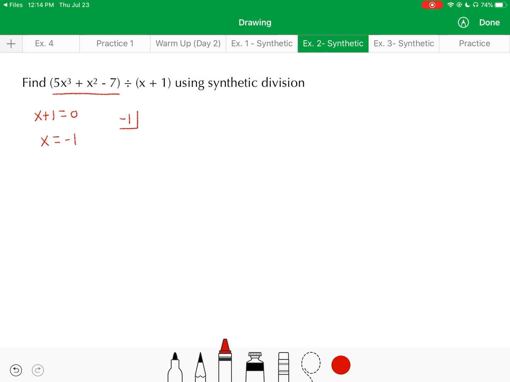You see how we're missing a linear term where the power on x is 1 in between x squared and -7. So that means we're going to need a placeholder, okay? So to the right of the box, I write 5, 1, then a 0 before I write -7. So this 0 is my placeholder.